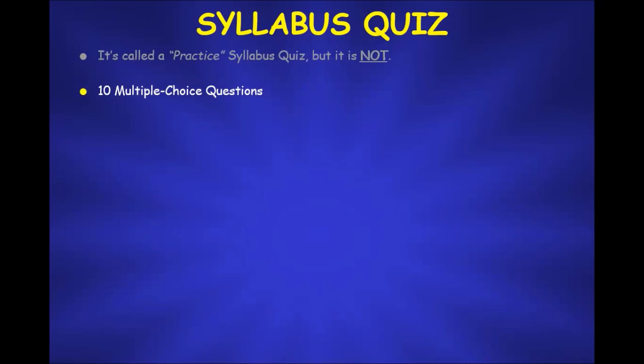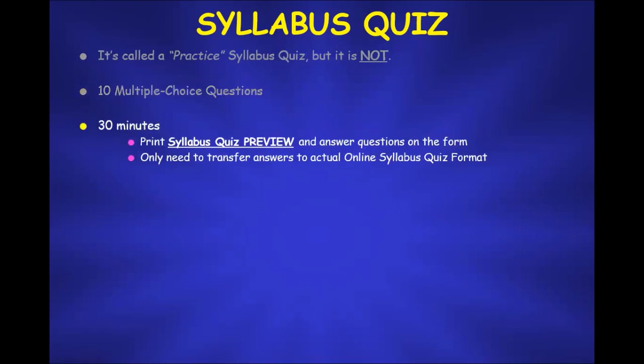Okay, so what it'll be is 10 multiple choice questions. All right, I'm going to give you 30 minutes. Once you start the syllabus quiz, you'll have 30 minutes. However, as I mentioned to you before, print out the syllabus quiz preview. It's going to be all the questions that'll be there. Circle all your answers on there. Take your time, go through this video discussion, go through the syllabus itself, circle all the answers you feel are correct.